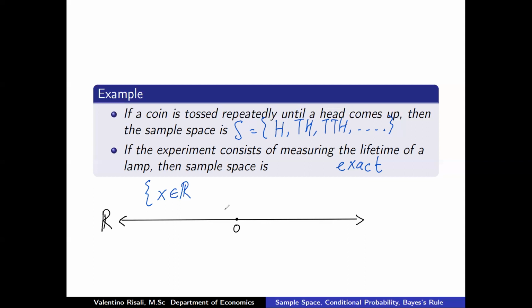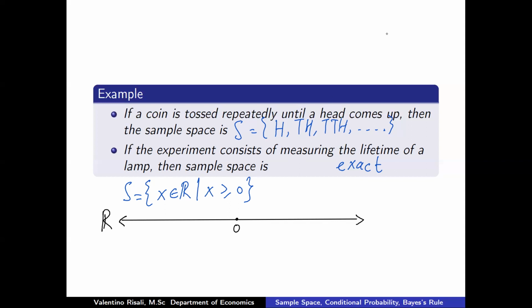This makes sense, because the lifetime is never negative. So we must give a restriction for this set, that is x is greater than or equal to 0. Okay, thank you, Said, for your answer.